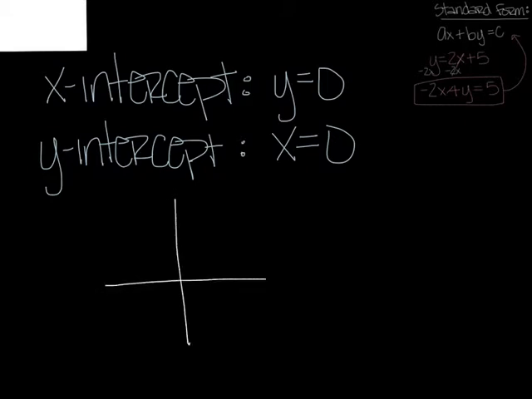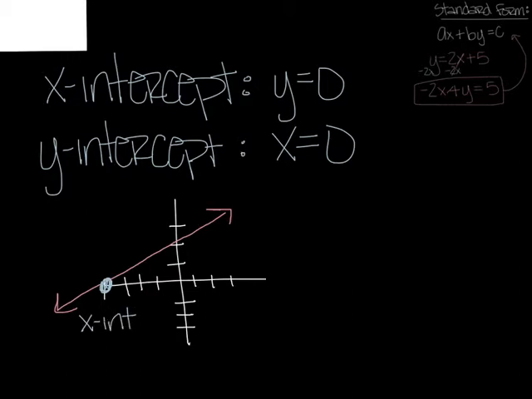If I had a graph, and let's say that we had something that looked like this. I know, it's a skill. Okay, so the x-intercept is where the line crosses the x-axis. So that's going to be right here, the x-intercept.